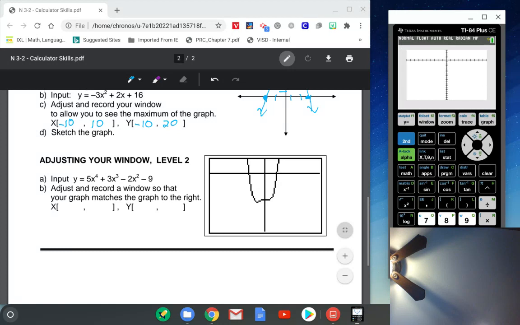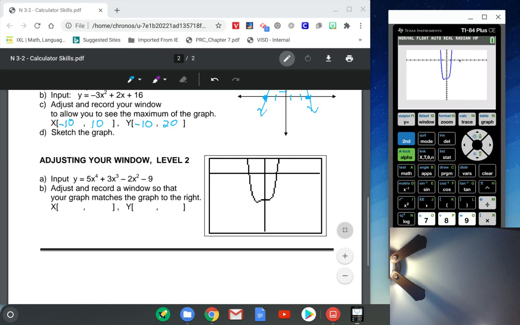And let's see what that looks like. Oh, there it is. All right, it just took a minute. So it looks like, for the most part, here the graph was in the middle of the screen. Here now the graph is in the middle of the screen. So I feel like we're pretty good here on the y values. Maybe a little less down here if you wanted.